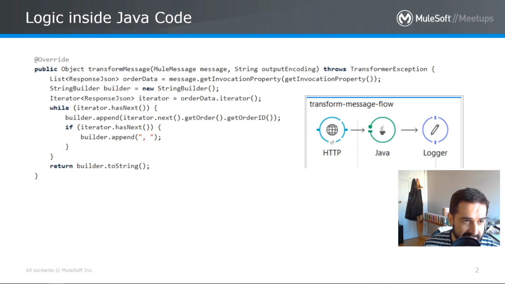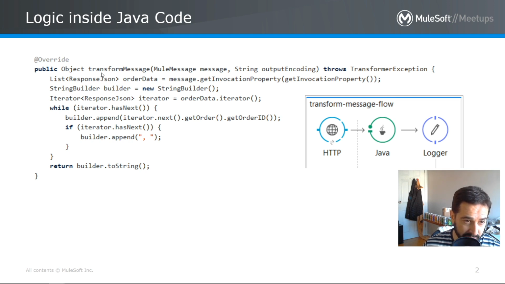The first one is logic inside Java code. You used to see this all the time. This is what you would end up with when Java developers were forced to write a MuleSoft application for the first time with no training and under tight deadlines. The typical flow you would see is just on the right here. You have your inbound source and right away you're jumping to a Java component.